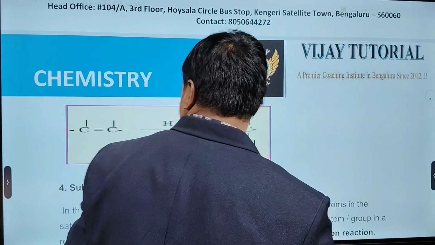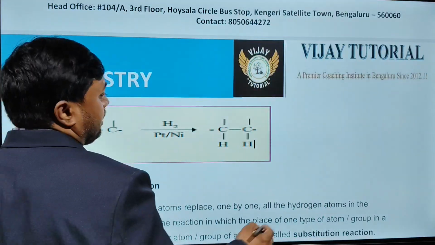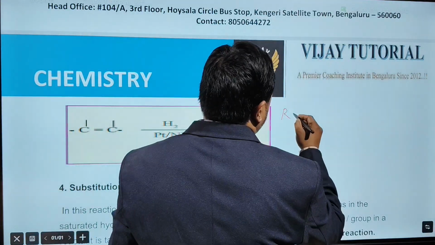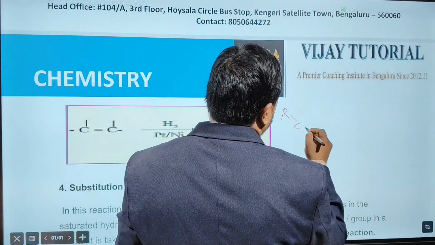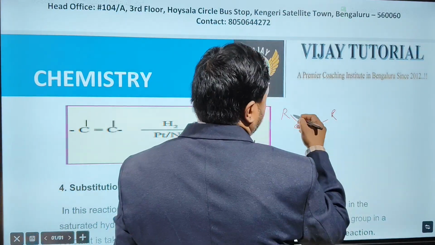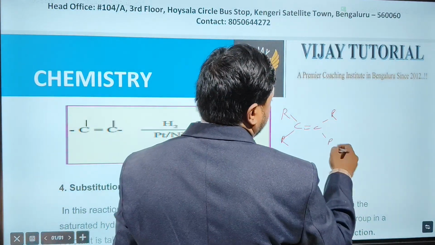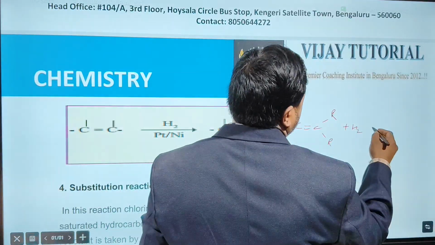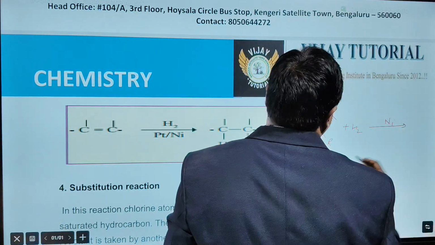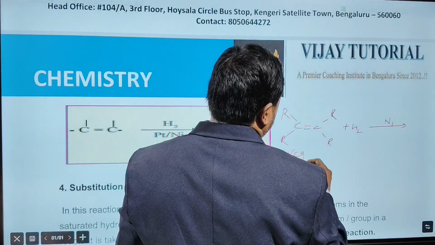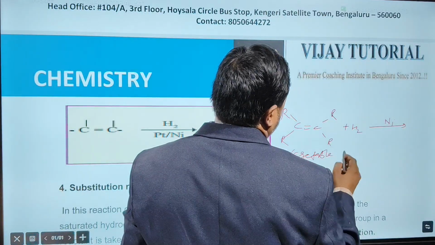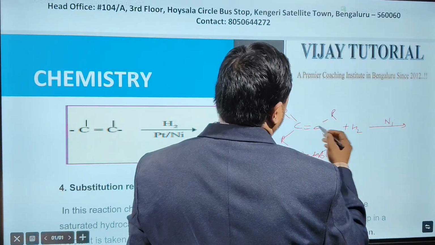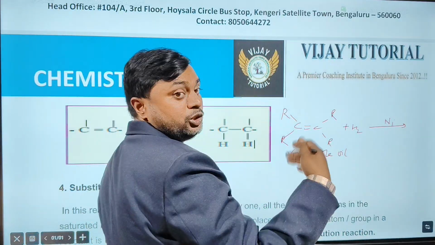The vegetable oil formula is like this, try to remember. R is a very large hydrocarbon group. Here hydrogen is added in the presence of nickel catalyst. One hydrogen comes here and the double bond changes into a single bond.